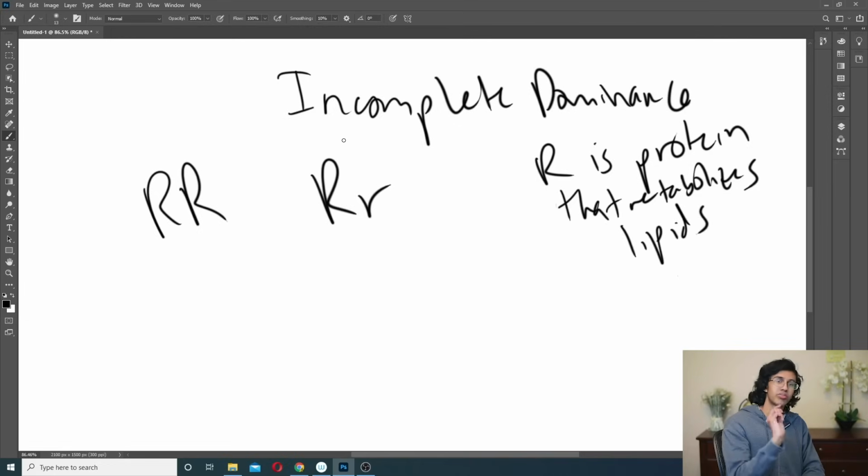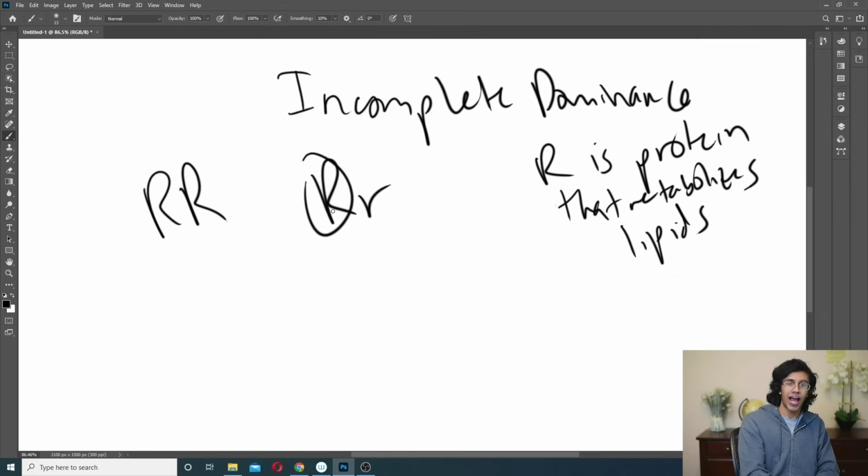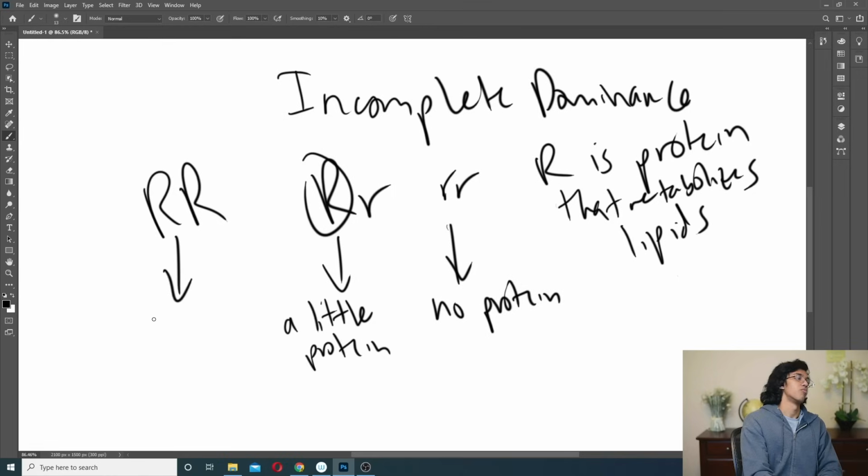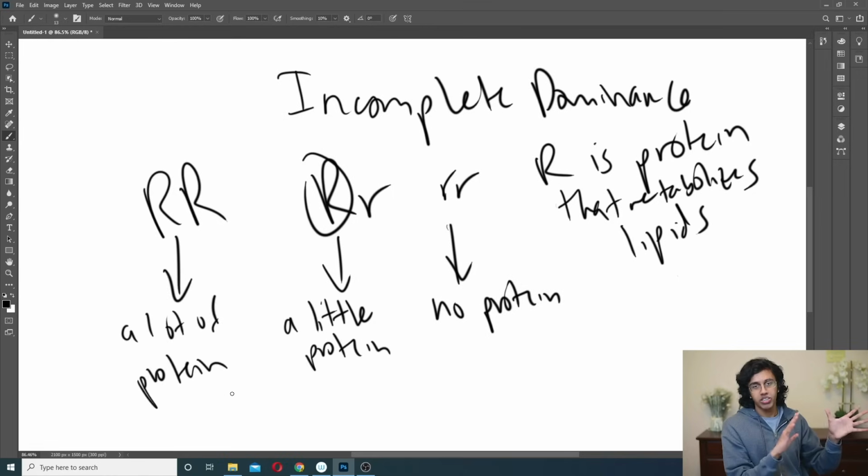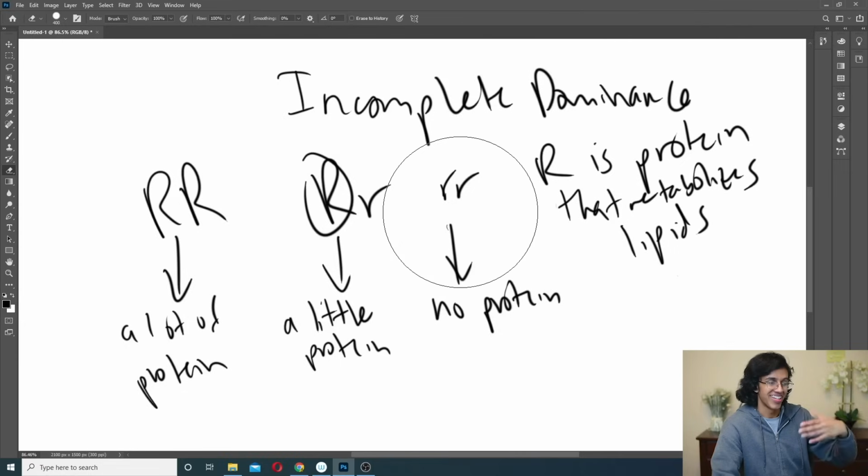Then essentially what incomplete dominance means is that if you have the big R and the little r, it'll actually produce less of the protein than big RR, because only the big R actually produces the protein, and if you have little rr, it's going to not produce any protein whatsoever. So no protein, a little protein, and a lot of protein. So that's basically incomplete dominance, basically when the heterozygous has not as much as the homozygous dominant. It's incomplete, right? The big R by itself is not enough to completely overrule the recessive allele.